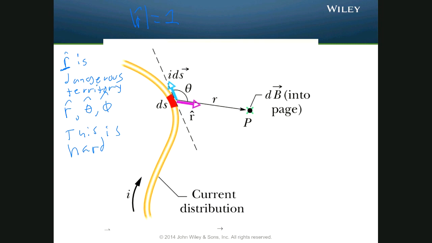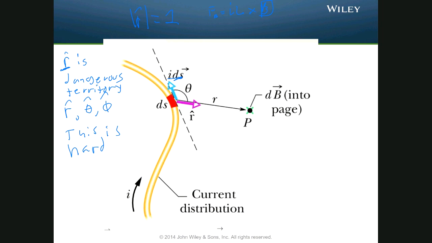So we want to look at our points. We have our I dS, our I dL, because remember in the last chapter we had F_B equals I L cross B, but we really want to get this B part without relegating ourselves to the force.